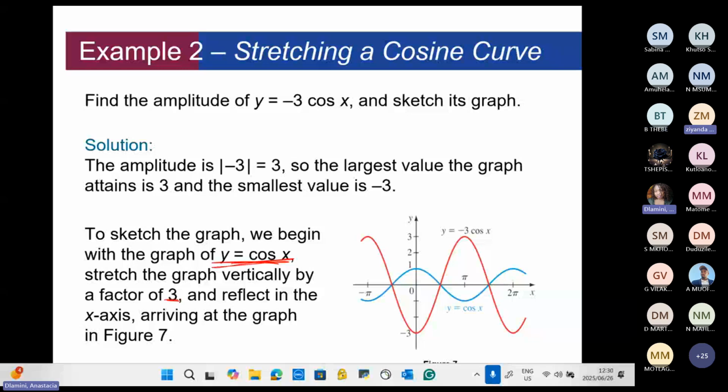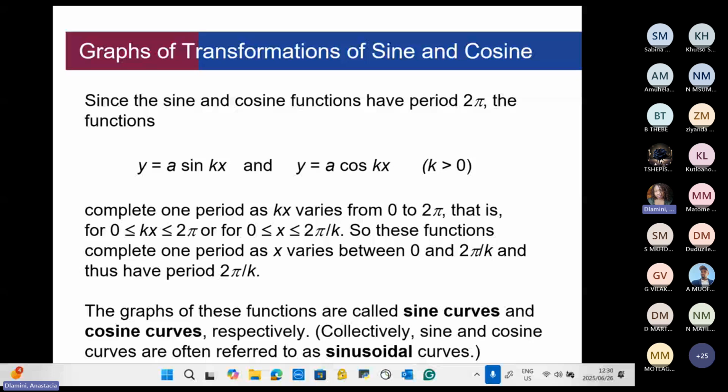Yes. So now they say since the sine and the cos function have a period of 2 pi, now we have been looking at y equals a number times cos of x. Now they say, what about y equals a number times cos of kx? So what is the new period here? They are saying that now the period changes. If you have a value of k here, the period changes.